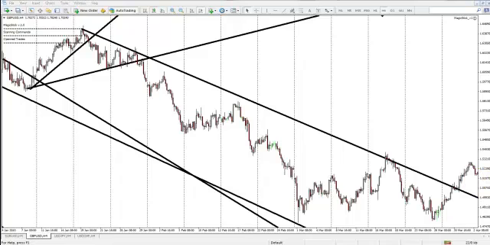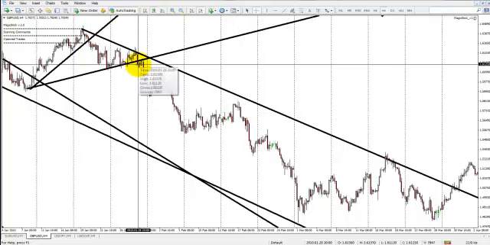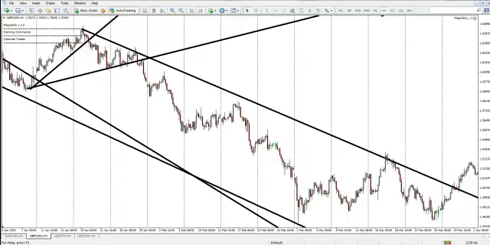Let's see here. 1,132. Okay. So we got in there, and then we also got in here. So that was another trade for about 1,000 more pips. 1,043.